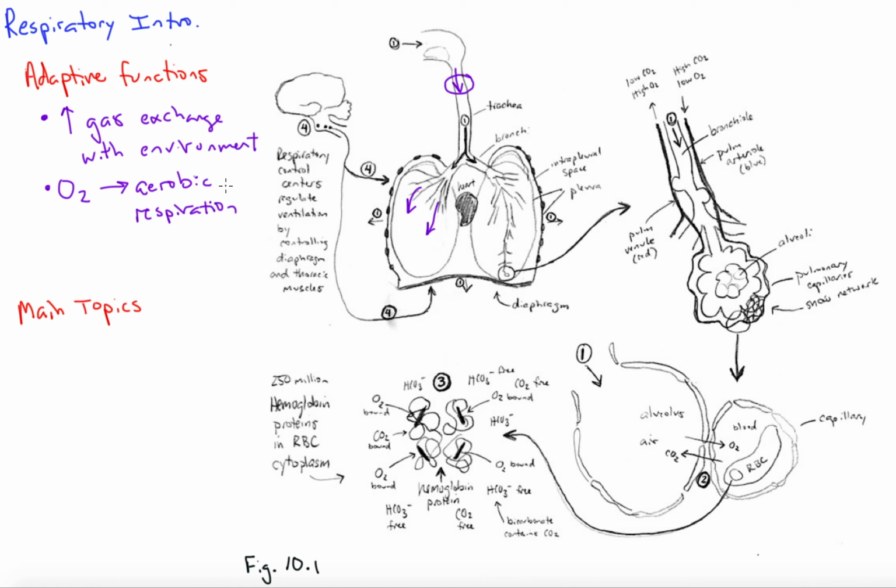And the adaptive function there, so basically what we're talking about is the Krebs cycle and the electron transport chain. Without oxygen, those two components of our metabolism become non-functional. We'll get into the details of why that's true later.